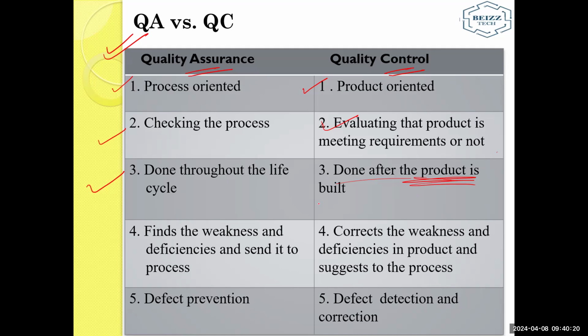That's the main point. Here we find the weakness, deficiencies and send back to the process, right, to improve it. In software product, we identify, we correct the weakness and deficiencies in the product and suggest to the process about improvement. Mainly quality assurance is related to defect prevention process, but quality control means defect detection and correction process.